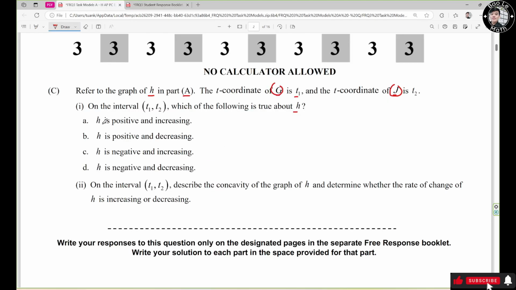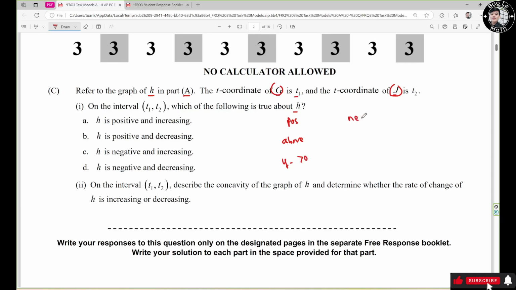So the function h is positive or negative, increasing or decreasing. Now keep in mind, if the function is positive, it should be above the x-axis if you're given a graph, or the y-coordinate is positive if you're given the coordinate.